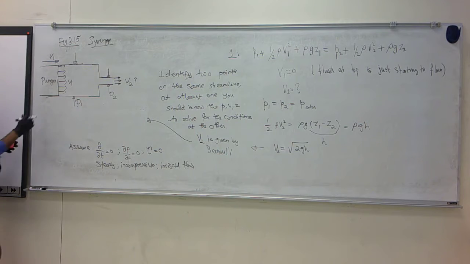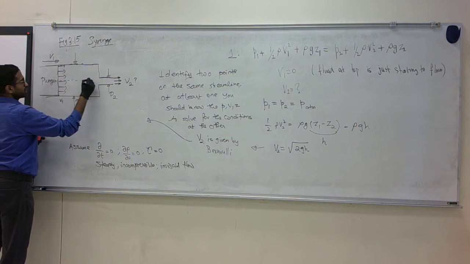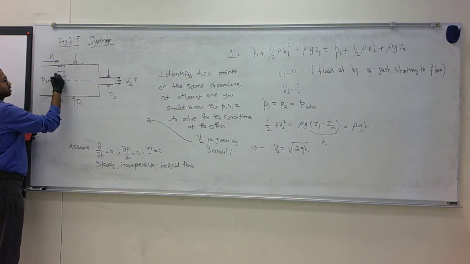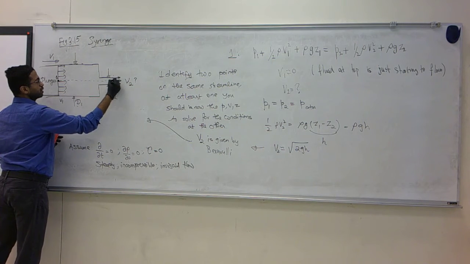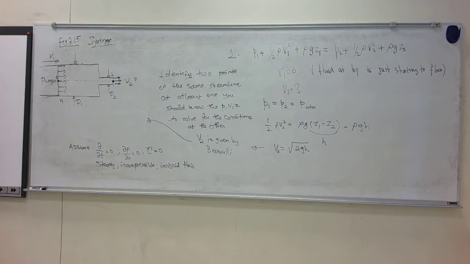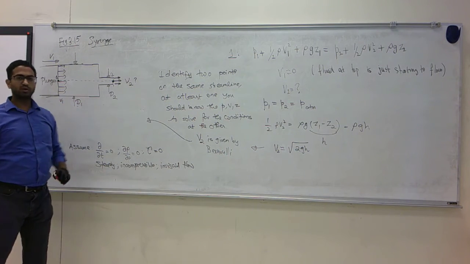Okay, so I'll take a point right down the center. I'll call this 1. Call this 2. I'll apply the Bernoulli equation between 2 points. I am identifying 2 points on the same streamline for which I know the conditions.